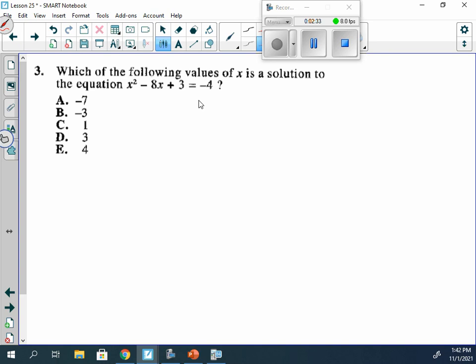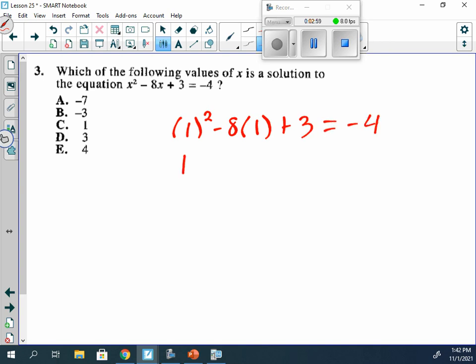Which of the following values of x is a solution to the equation x squared minus 8x plus 3 is equal to negative 4? One of the ways that we could go about doing this is just plugging in the values that they gave us for x, and seeing if it does make a true statement. I could start off with 1 and say 1 squared minus 8 times 1 plus 3, is it equal to negative 4?